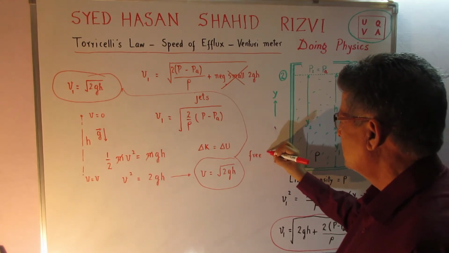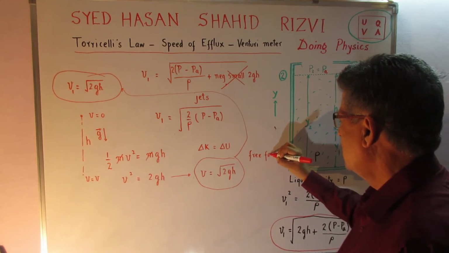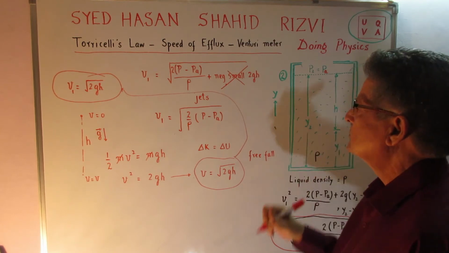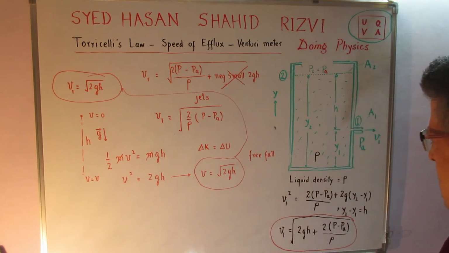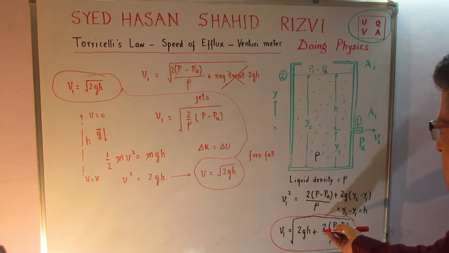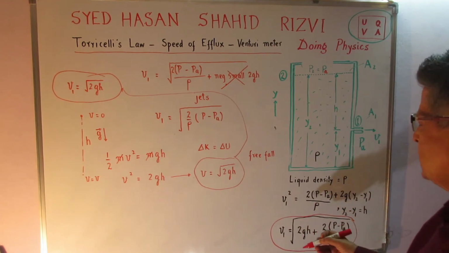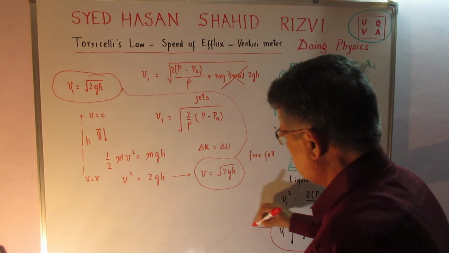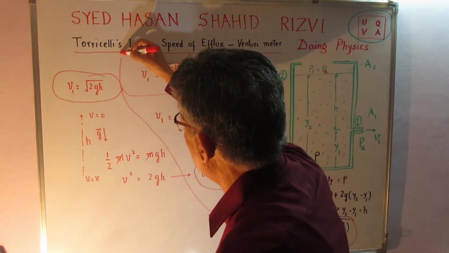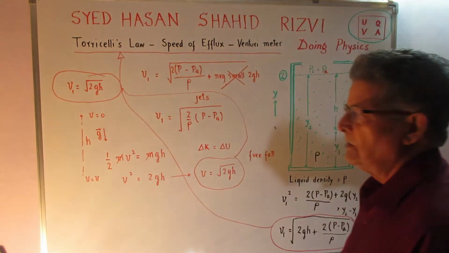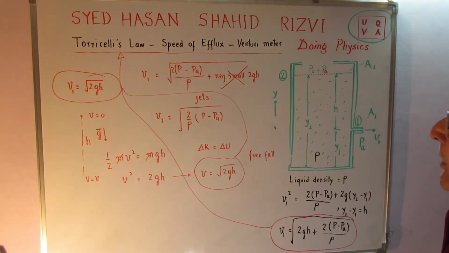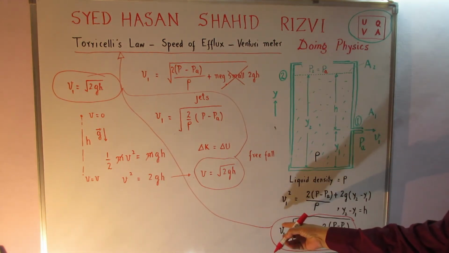Okay, so this one, V1 is equal to under root of 2gh plus 2 times the pressure difference P minus PA divided by the density. This is basically what we call Torricelli's law, and we have been able to obtain the speed of efflux over here.